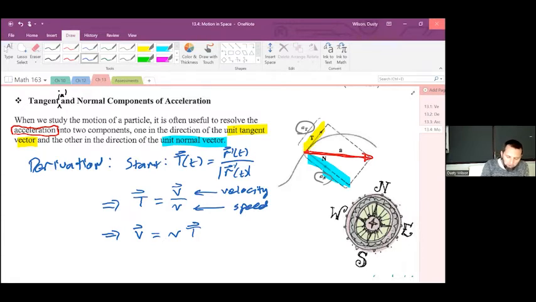We're trying to find something about acceleration. We have something about velocity, and we remember that acceleration is the derivative of velocity. So at this stage, let's differentiate both sides.